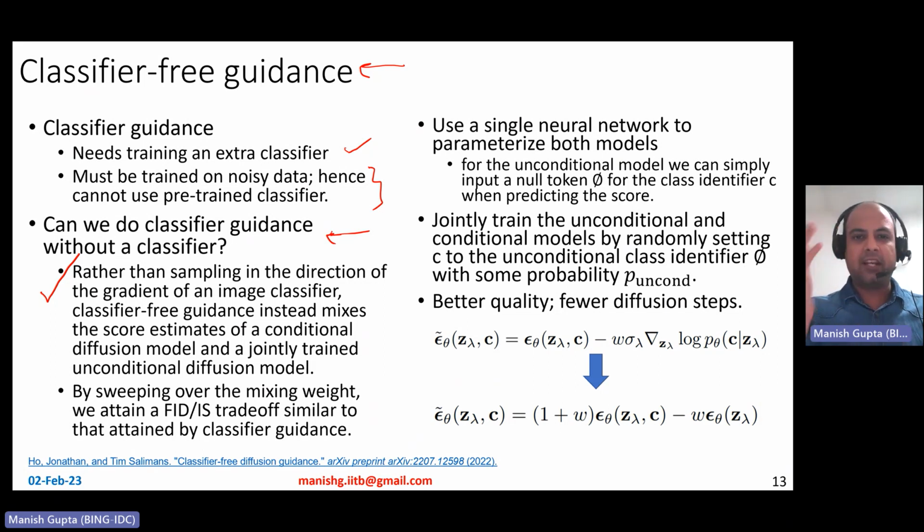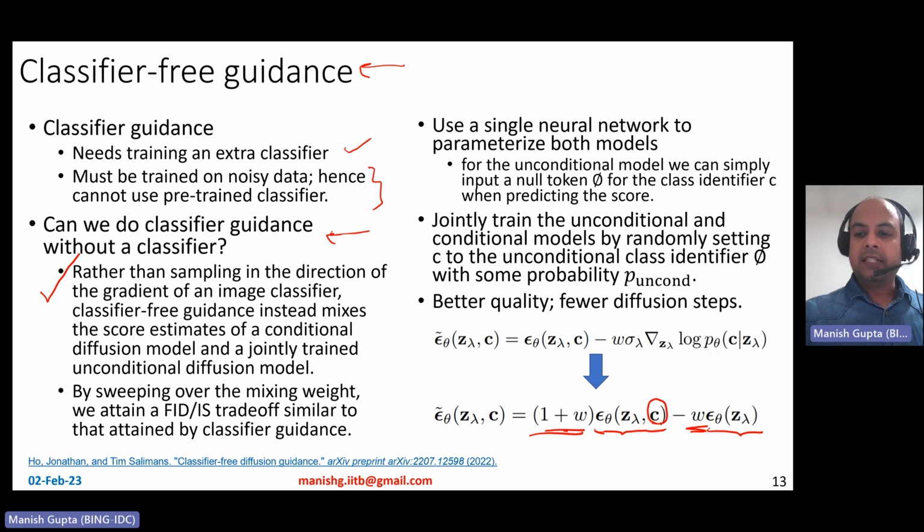But for the sake of understanding, think of two models, and then you're going to mix the scores of these two. So imagine having a model which predicts the epsilon in a class conditional manner, and one which predicts epsilon in a non-class conditional manner, and you combine the two using some sort of a weighing factor.